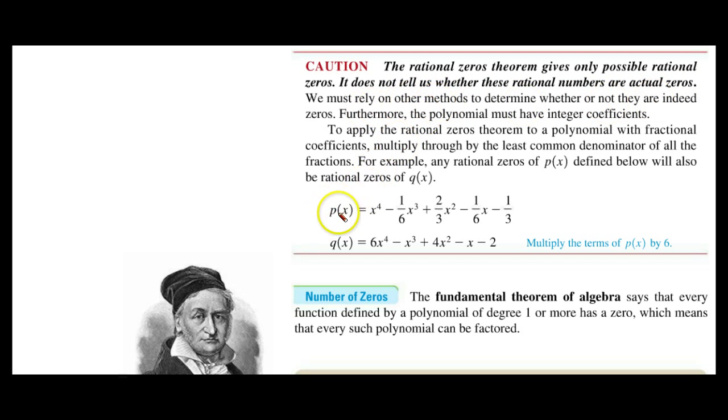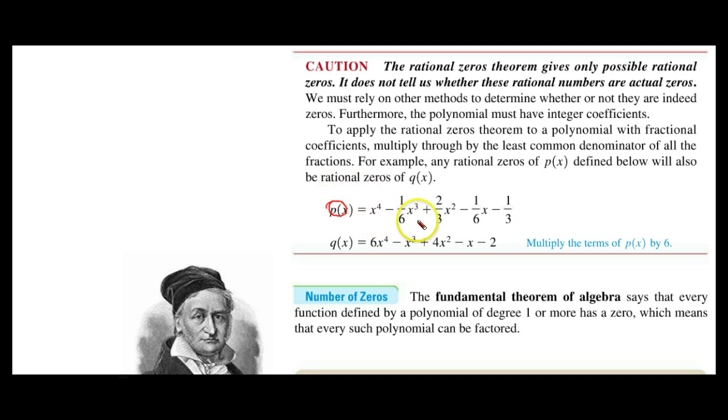Now, suppose you have a function that looks like this with fractions. So you might say, how do I do that? Well, the old rule of making it a larger equation, remember this is going to be a 0 over here, because that's what we're looking for, the zeros.